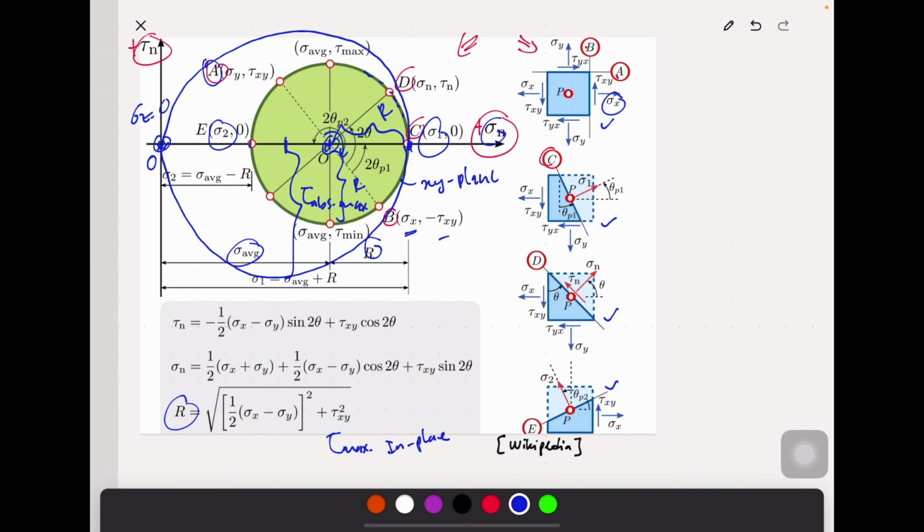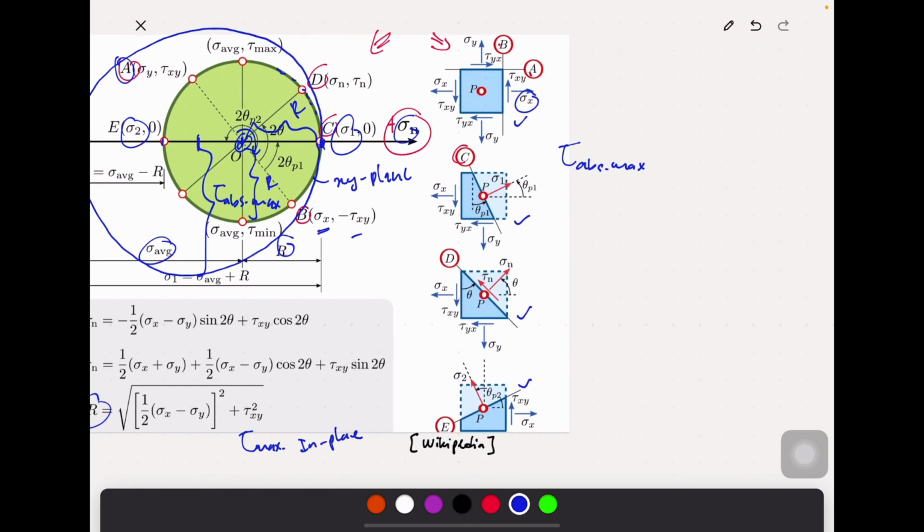What is the difference between the absolute maximum versus tau maximum in-plane shear stress for the circle? We have both values, and either could be asked by the question, right? So bear that in mind.